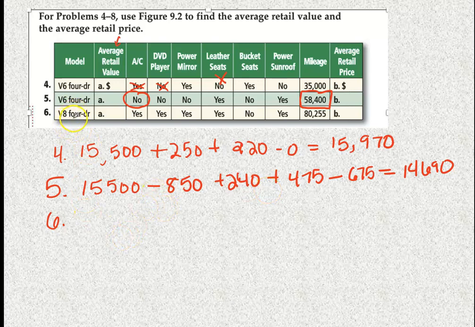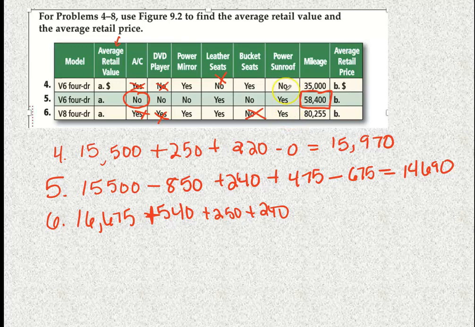Now, the last one is a V8. So this is when I start with 16,675. It has air, has a DVD player, so I'm going to go back. A DVD player is $540. Power mirror and leather seats, so that's plus $250 plus $240. Got a good plus sign. This is no power sunroof.